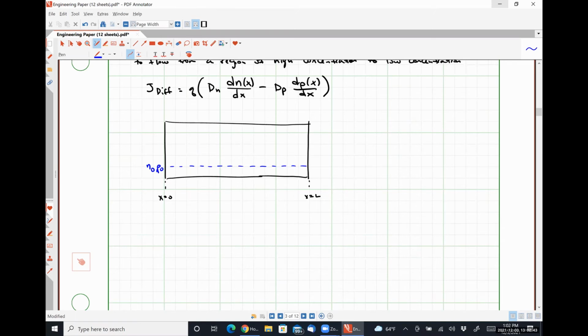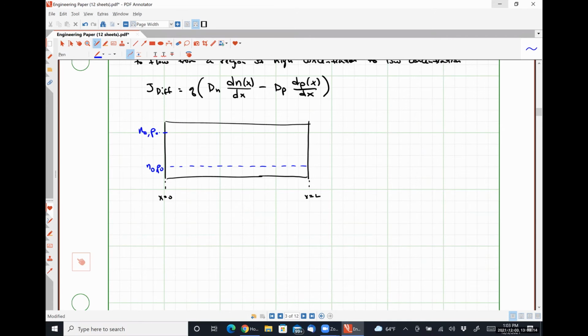Well, if we inject excess electron hole pairs into this system at one side simultaneously, then we will have a local level. So let's call this n_e and p_e, the excess level.